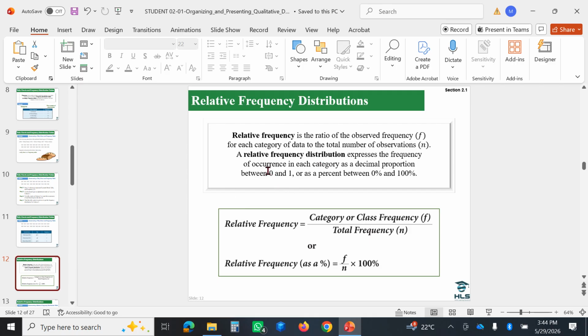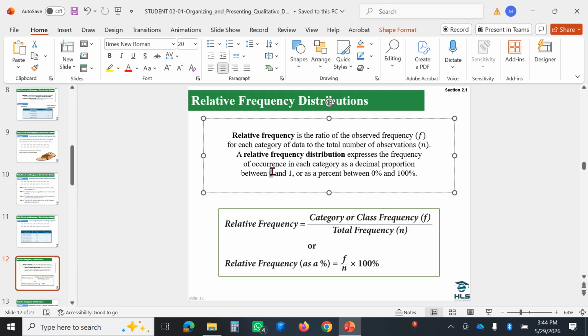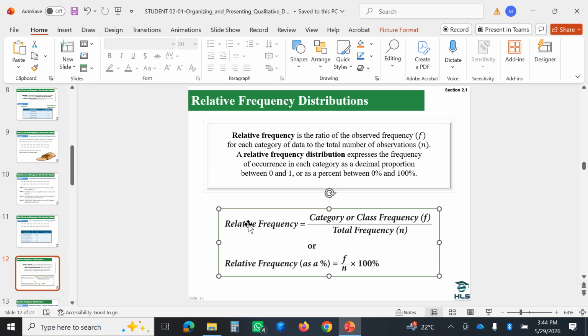So, if you're going to use a decimal, 0 equates to 0%, 1 equates to 100%, so 0.5 would equal 50%. 0.75 would equal 75%. So relative frequency, category or class frequency divided by n. And there you go, f divided by n.